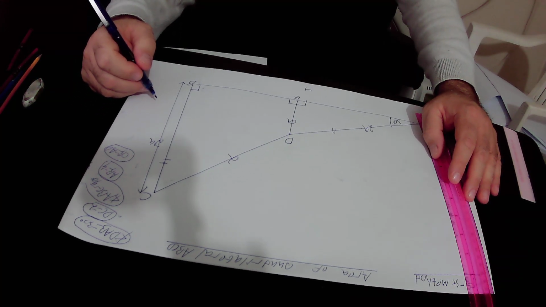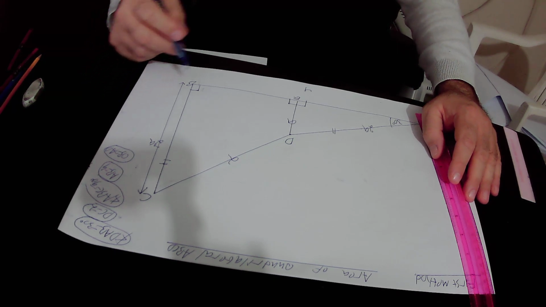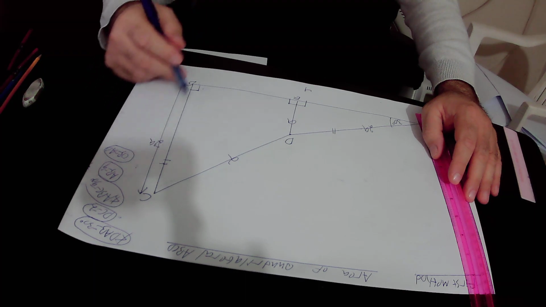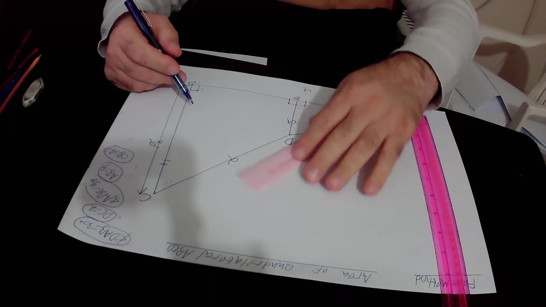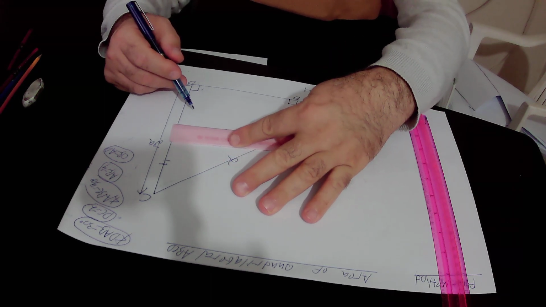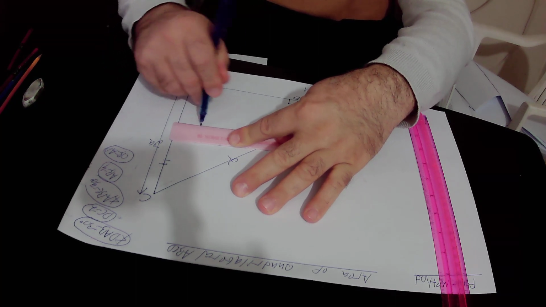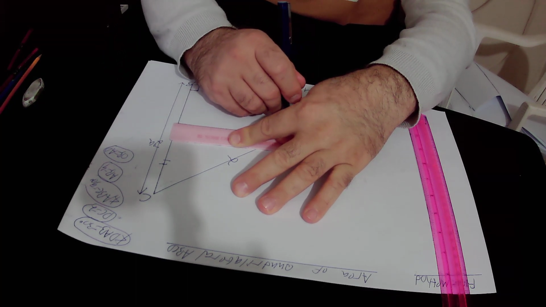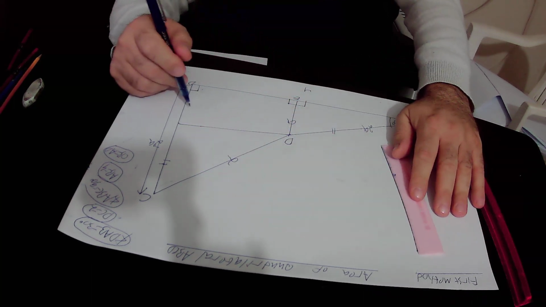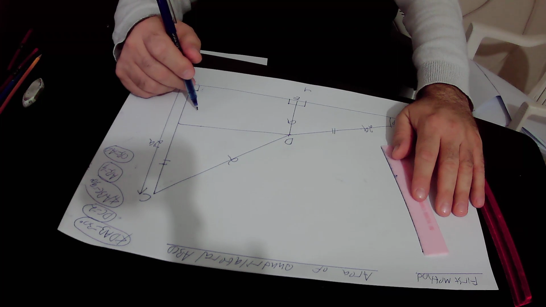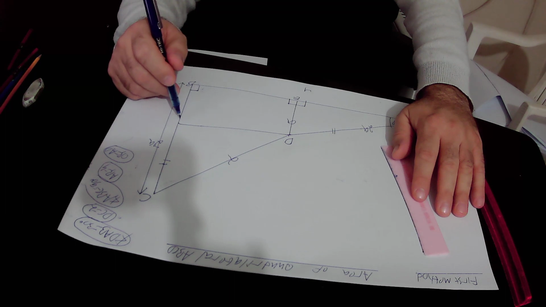In the next step, we will do another construction. From point D, we will draw a perpendicular to CB.